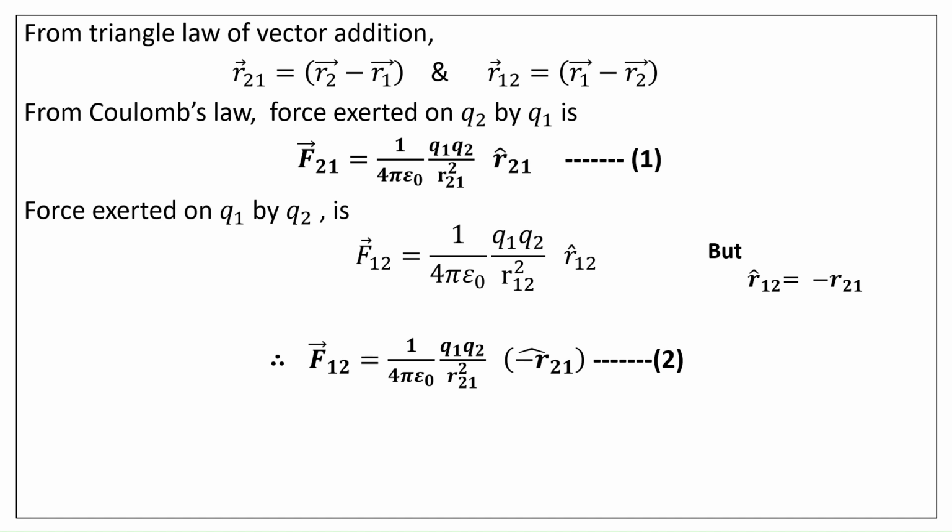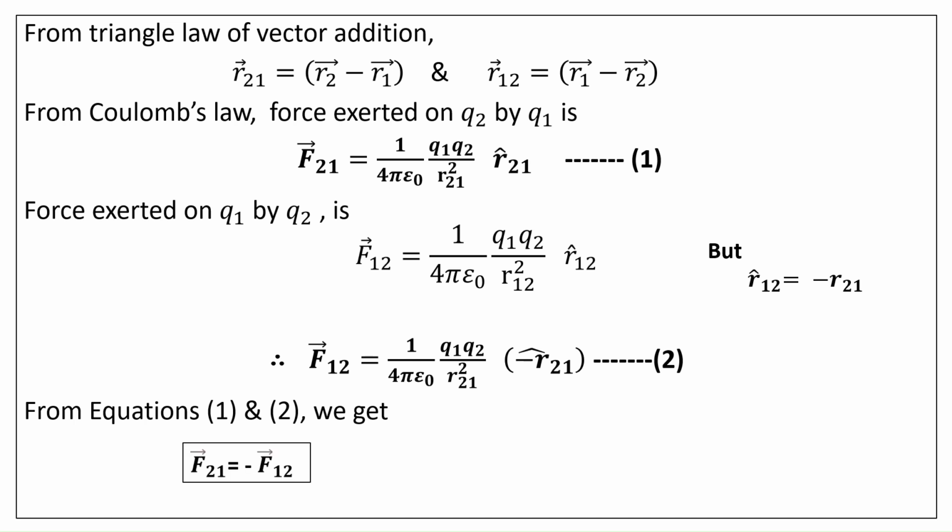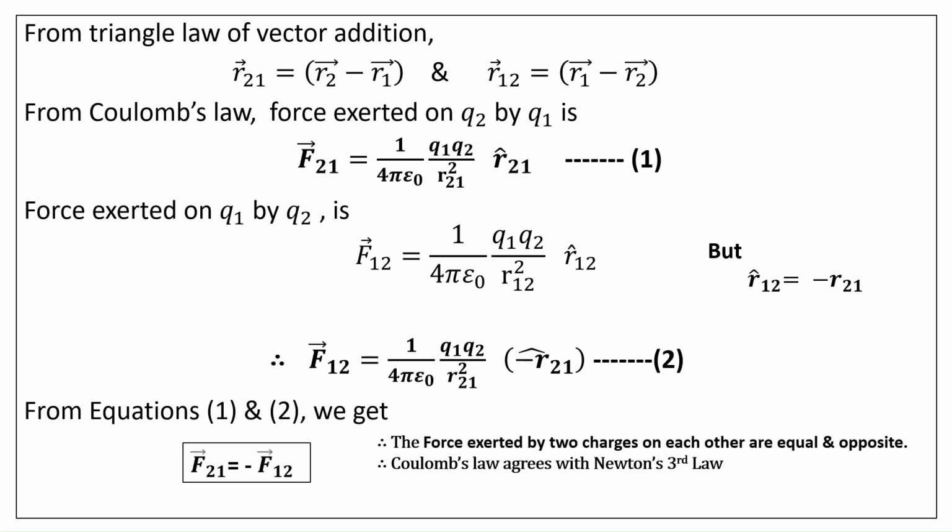Therefore, vector F12 is equal to 1 by 4 pi epsilon naught into Q1 Q2 by R21 square into minus R21 cap. From equations 1 and 2, we get vector F21 is equal to minus vector F12. The forces exerted by two charges on each other are equal and opposite. Coulomb's law agrees with Newton's third law.